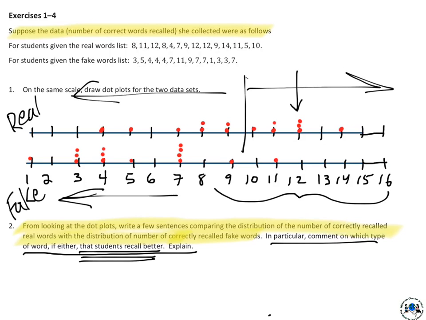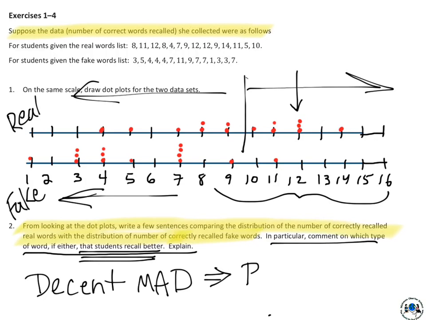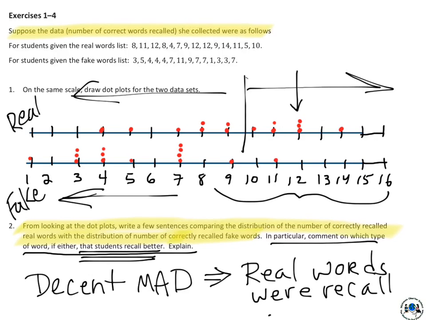So if we get a decent MAD, a decent mean absolute deviation, I would say we could then say real words were recalled better. If we get that.